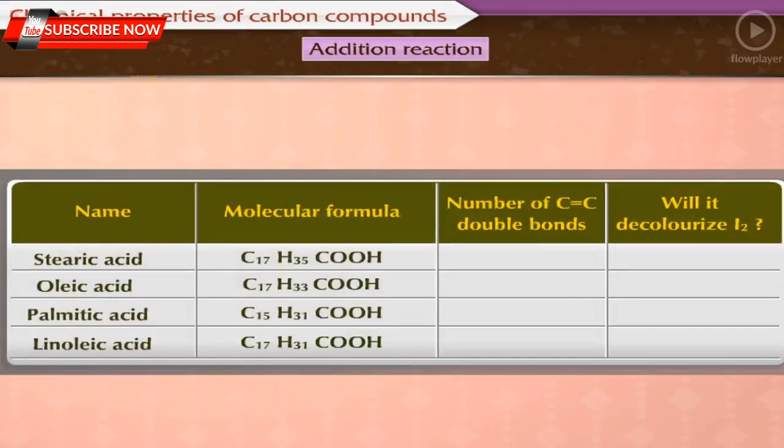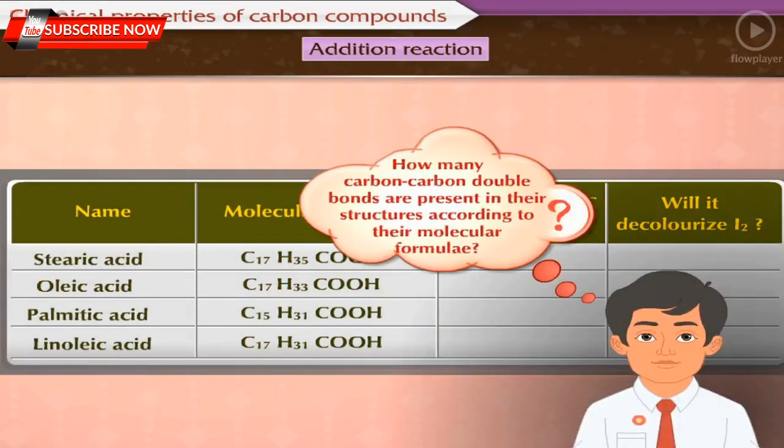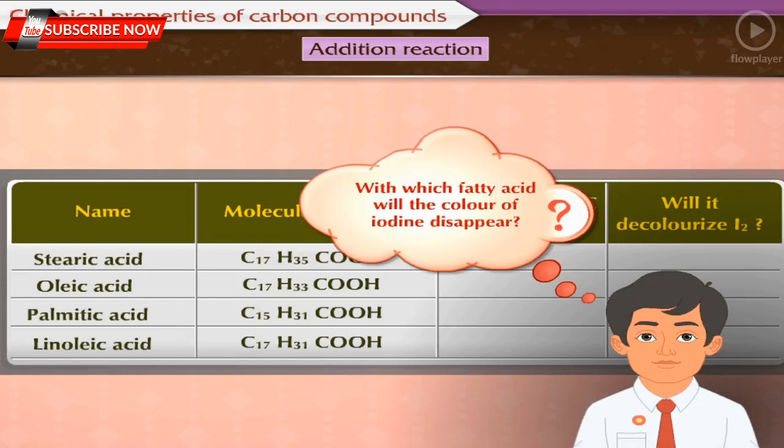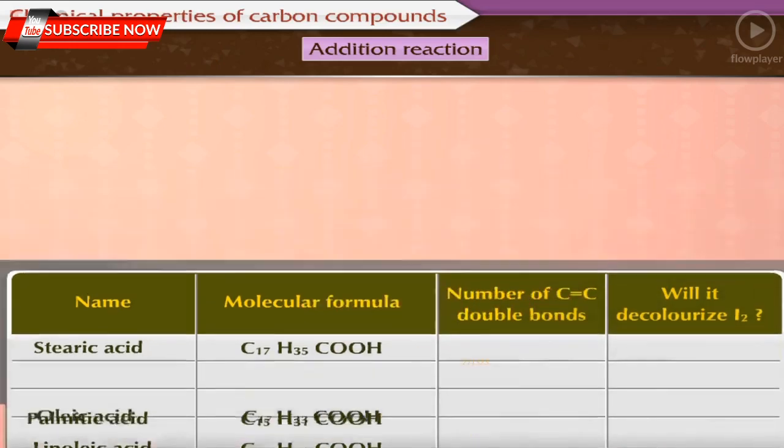The table given here shows names and molecular formulae of 4 fatty acids separated from vegetable oils. How many carbon-carbon double bonds are present in their structures according to their molecular formulae? Similarly, let us also find out with which fatty acid the color of iodine will disappear and complete the table.